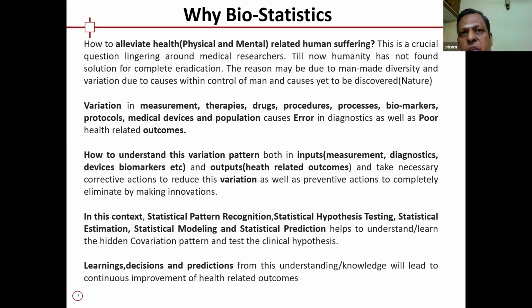We need future inventions that may uncover those causes. But why is there variation in diseases, and why are we not completely eradicating them?